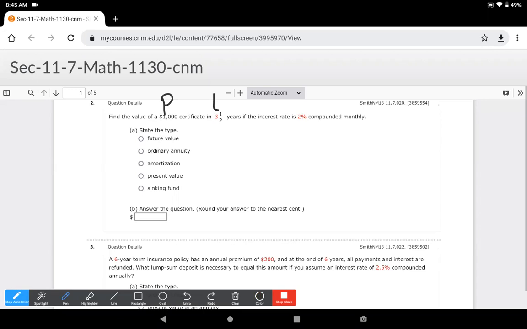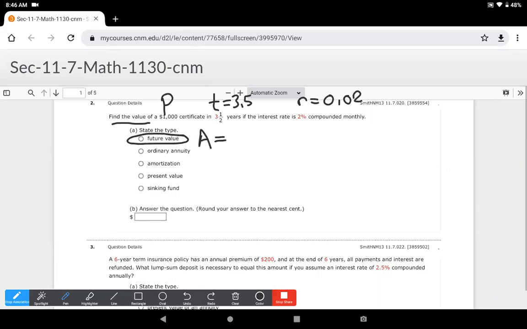We have t in years. We have a rate of 2%, and they're asking us to find the future value, right? So future value is our formula choice.